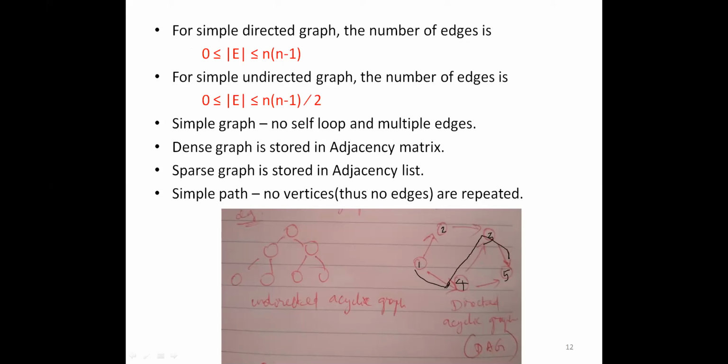And at the endpoint, I cannot reach 1. So it's not forming a cycle. That's what we are saying: it's acyclic. If you take another path also, it will not form a cycle. Then we say it is acyclic. It's a directed acyclic graph. This you have to remember.